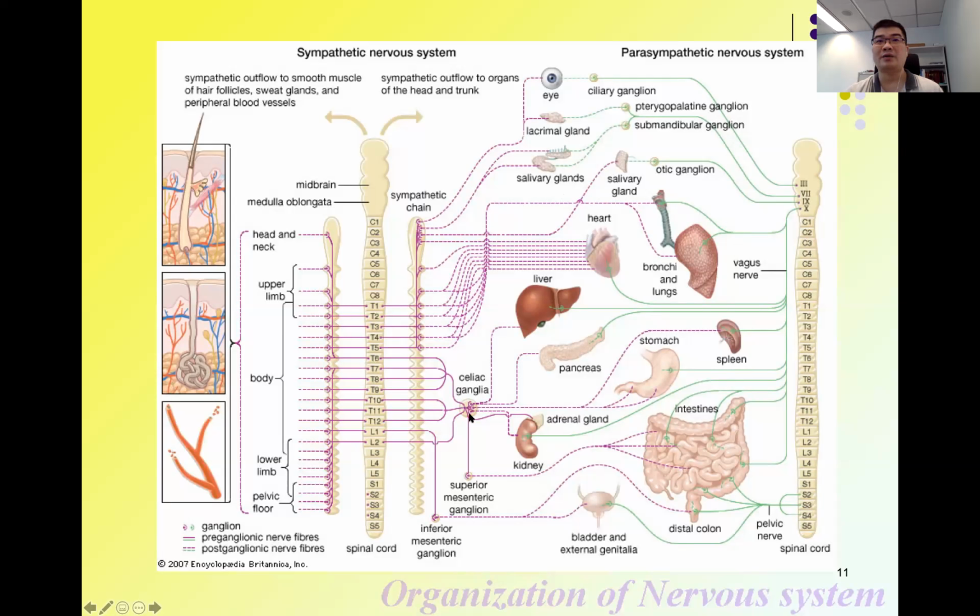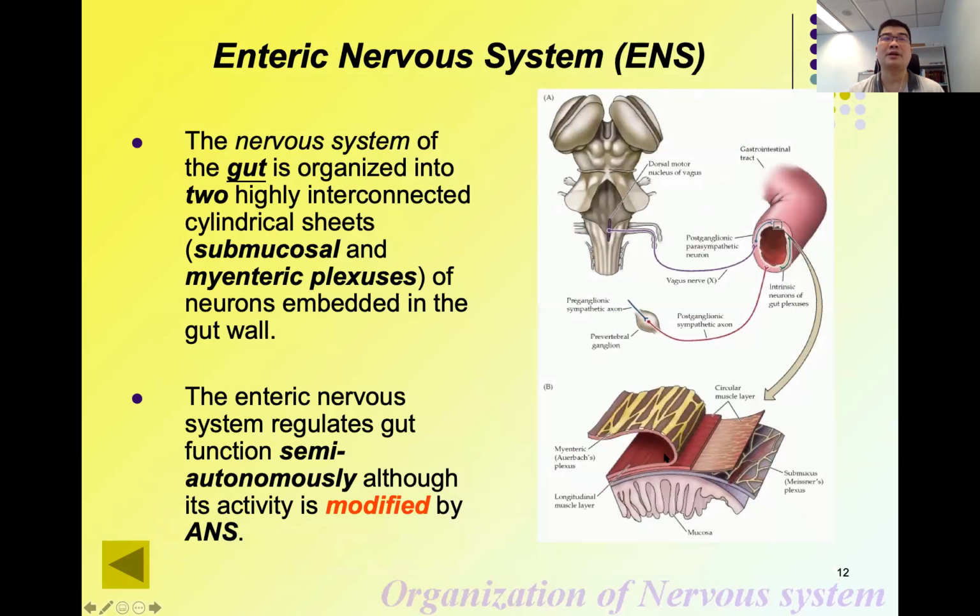And you can see that a lot of those organs are controlled by the autonomic system. Actually, they don't need you to interfere, for example digestion, respiration and the heartbeat. Those are vital for your survival, and you don't need consciousness to control them. Okay. So far so good.